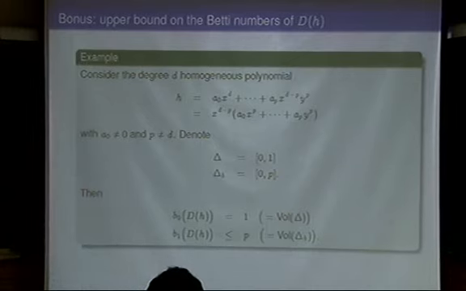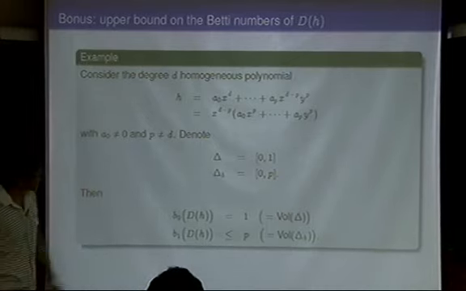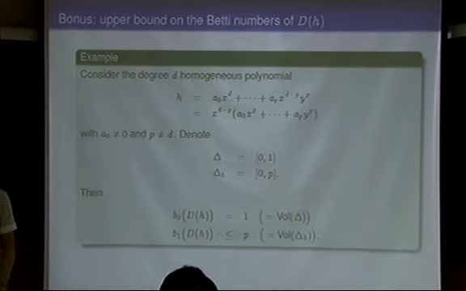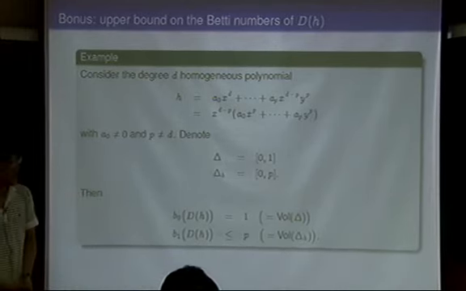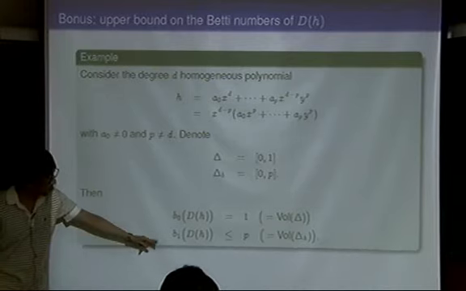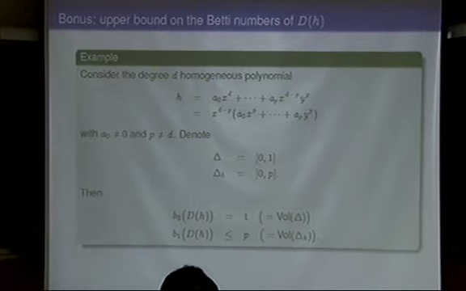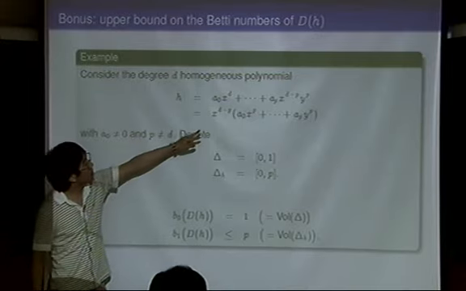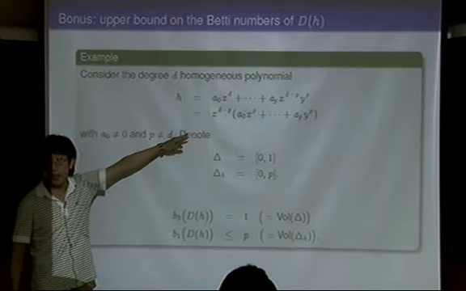Then it is easy to check that the zeroth Betti number of the complement, which is just a point, is 1. And the first Betti number is less than or equal to p, because our polynomial has at most p plus 1 zeros, right?